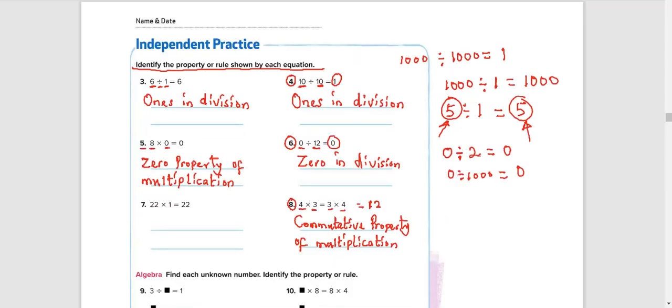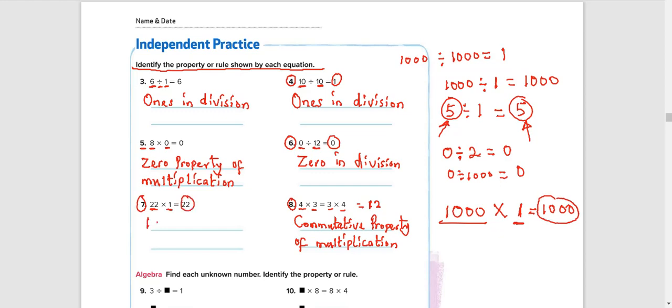Okay, and the last property I'm going to show you is this. Any number, let's say 1000, multiply by 1. Once it is 1, take note, it will give you that number. Any number multiplied by 1 must give you the same number. Okay, so like number 7 now, we have 22 multiplies 1 must give you 22.